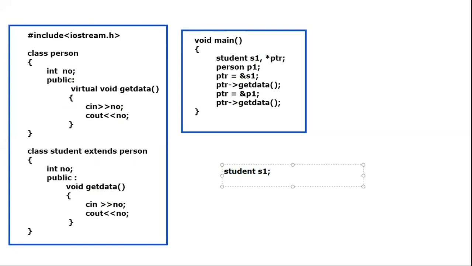Here it is accessible, means it is going to execute two things simultaneously, which is not possible, right? Because get data is available in the base class as well as in the derived class. So if you go with the normal way of calling the member function, there will be a confusion.